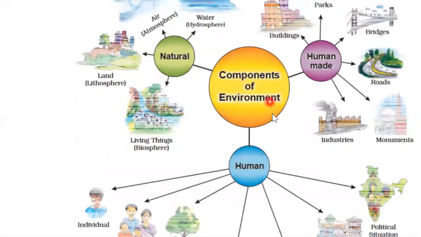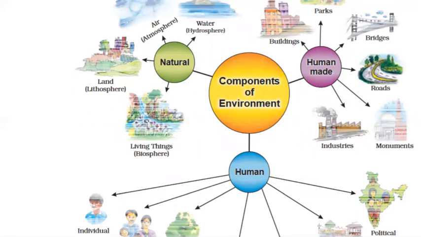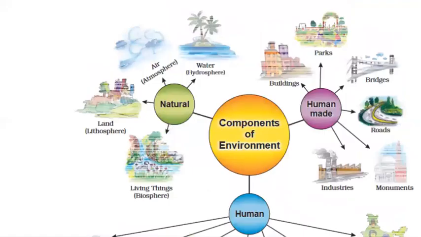Here you can see there are various components of the environment. The first one is the natural components: water, which is hydrosphere, air, which is atmosphere, land, which is lithosphere, and the living things which form the biosphere.